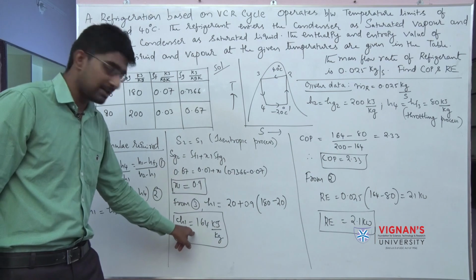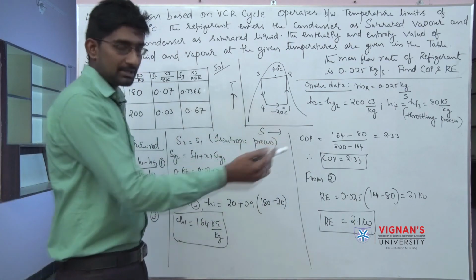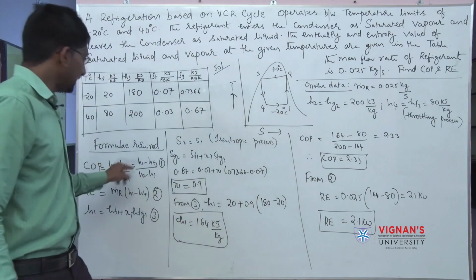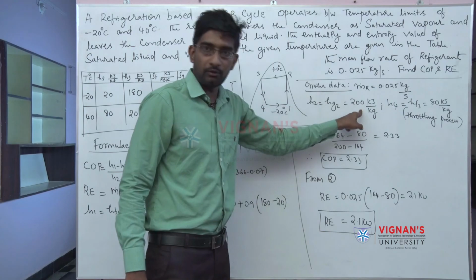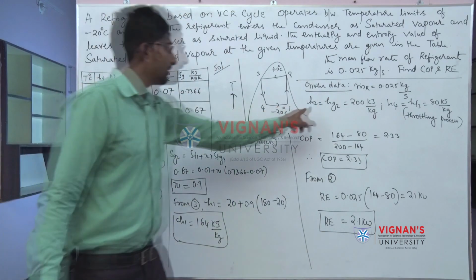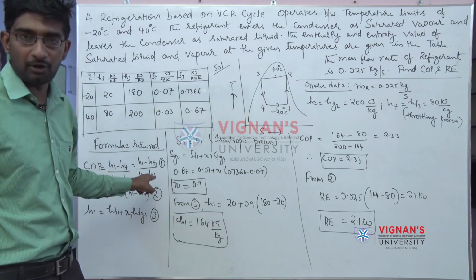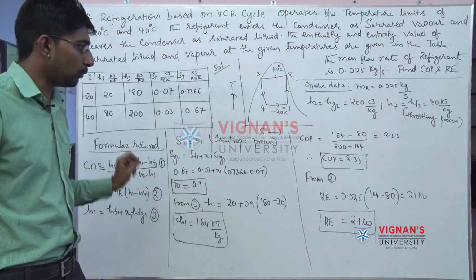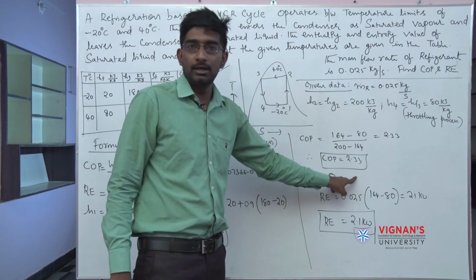So h1 is basically 164 kilojoule per kg. So now the next step is, once you have H1, H4 is found out here from the table, H2 once again is found out from the table. You are going to plug in all the values of H2, H4 and H1 in this formula, that is 1. So from 1 COP is substituted and you get 2.33.